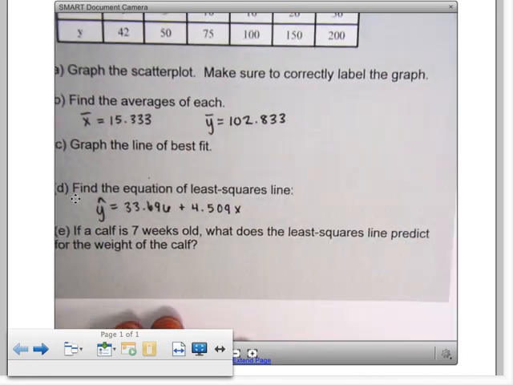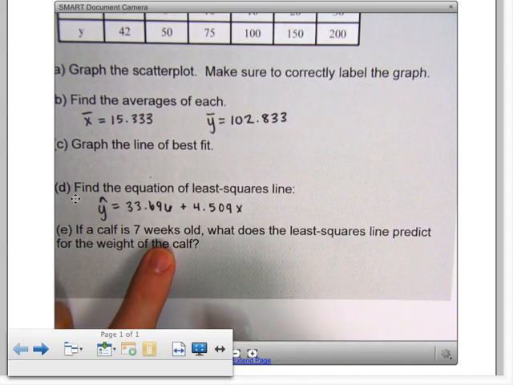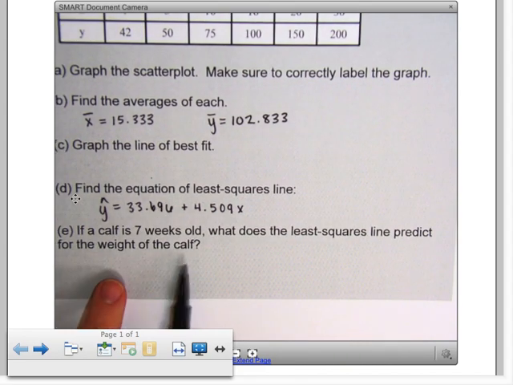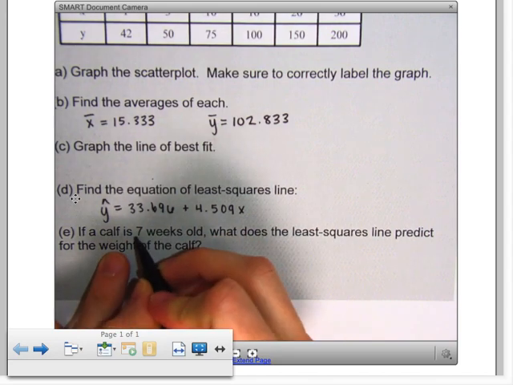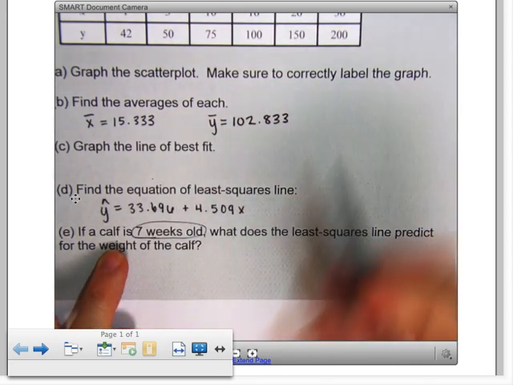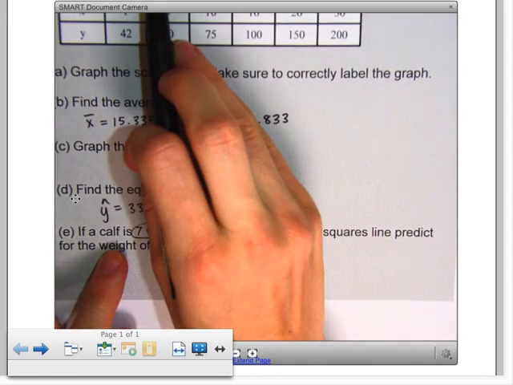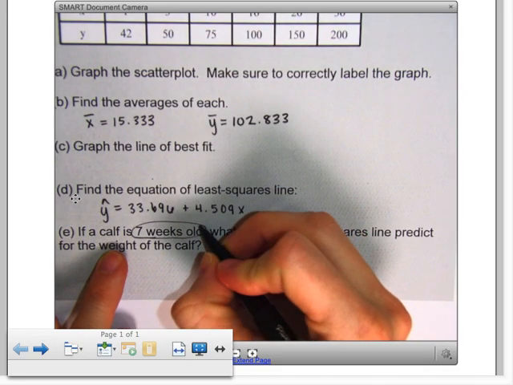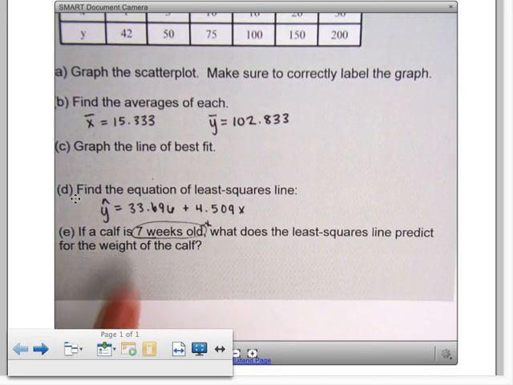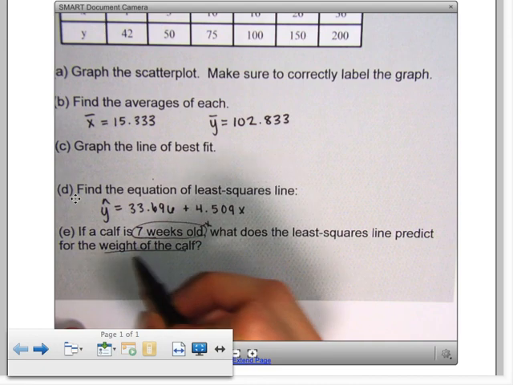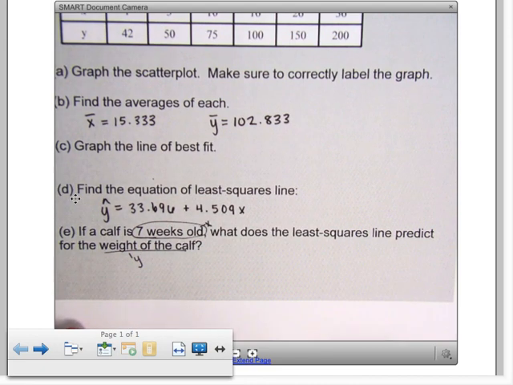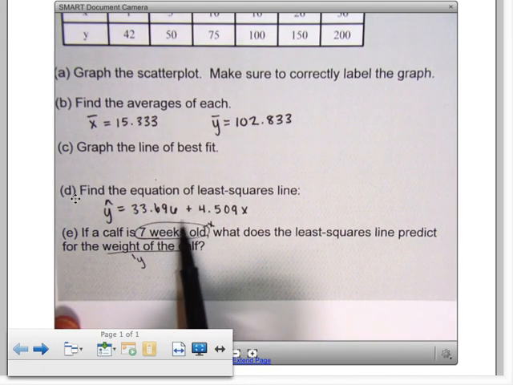Okay, and then the last part, a calf is 7 weeks old. What does the line predict the weight of the calf will be? So it's 7 weeks old. This is the age. And up here we know age is the X value. Okay, so this is our X. And then weight is the Y value. So that's what we're solving for. And we're using this equation here.